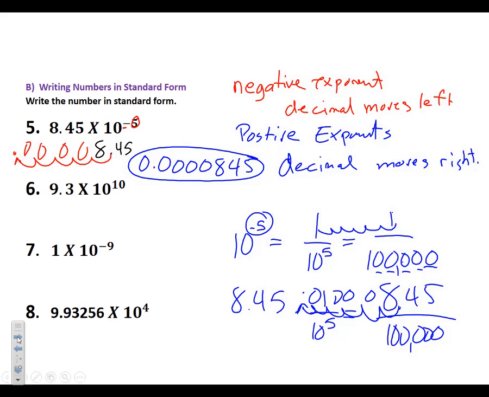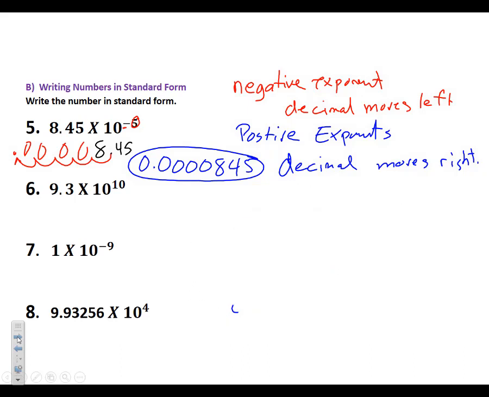All right, so now we're going to move right along. I am going to erase a lot of this. Number 6, 9.3 times 10 to the 10th. We learned that it's a positive exponent. The decimal's going to move to the right for the same reason of multiplying by a power of 10. So 9.3, I move the decimal 1, 2, 3, 4, 5, 6, 7, 8, 9, 10. Put it right there.